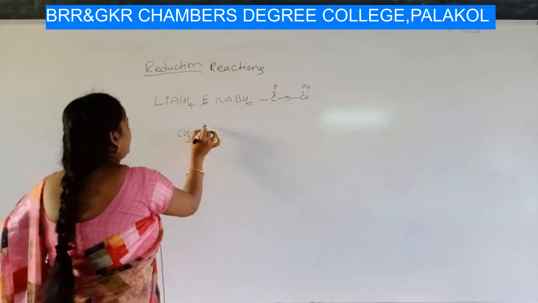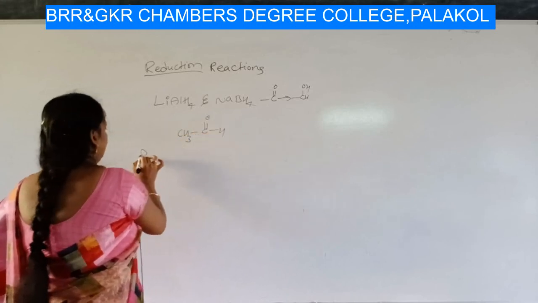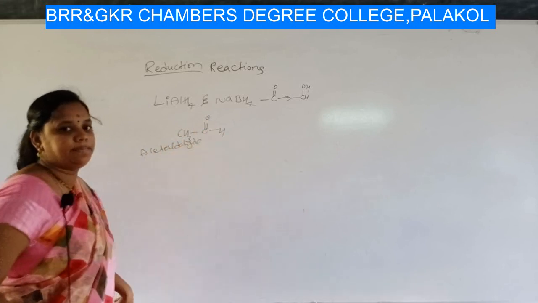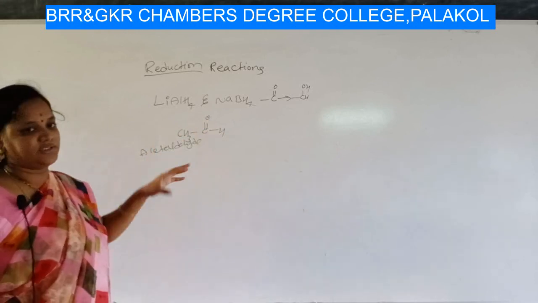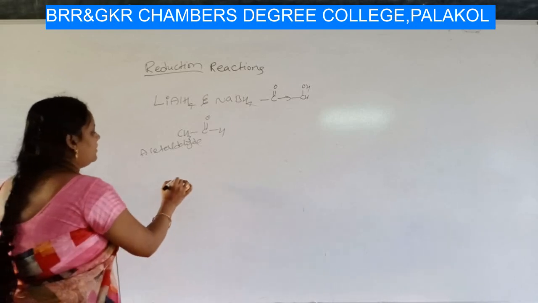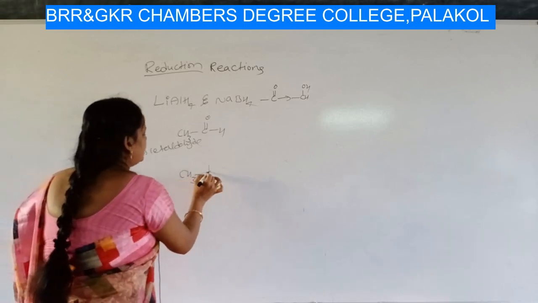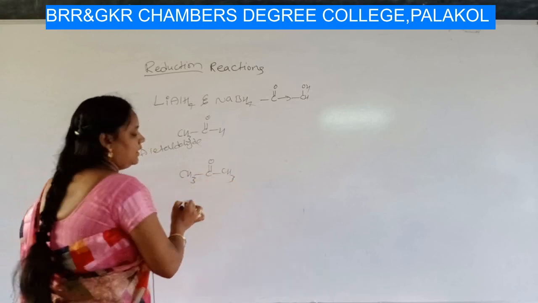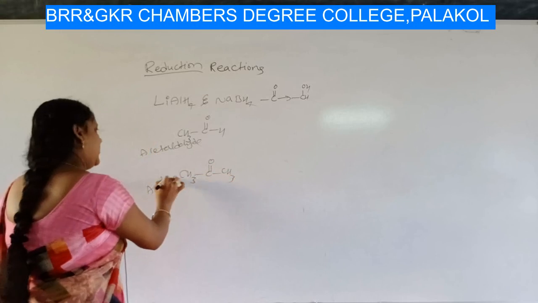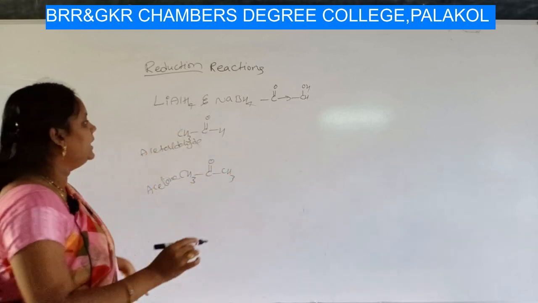For example, take acetaldehyde. By this time, I hope you are perfect in writing the structures and formulas of carbonyl compounds, right? CH3COCH3, what is the name of this compound, students? Acetone. Okay, acetaldehyde and acetone.